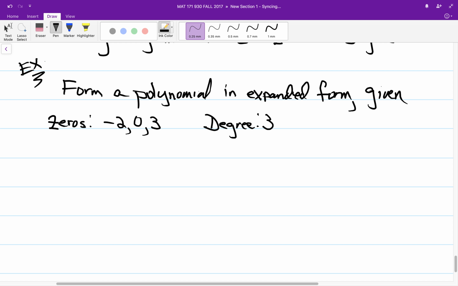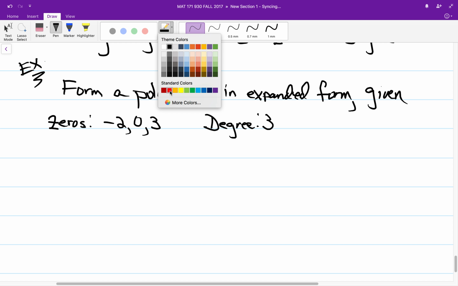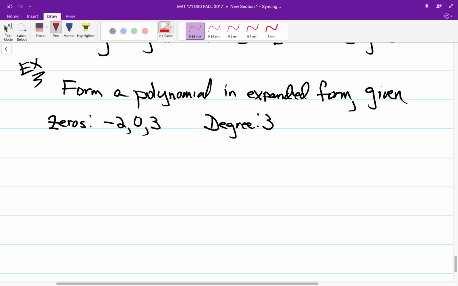In terms of the setup for forming the polynomial, we have zeros of -2, 0, and 3, so we can think of this like setting up solutions: x is equal to -2, x is equal to 0, and x is equal to 3.